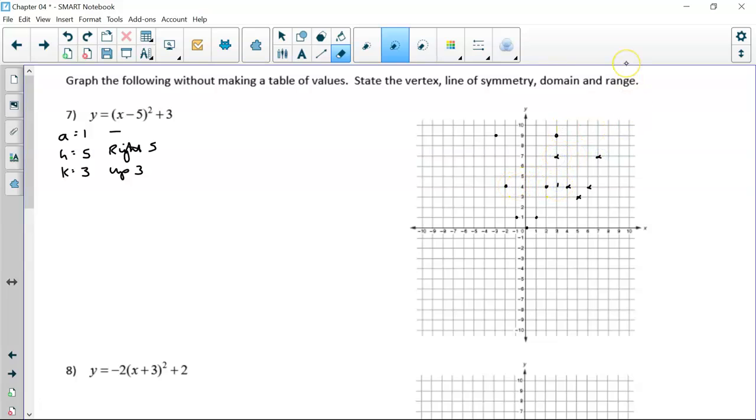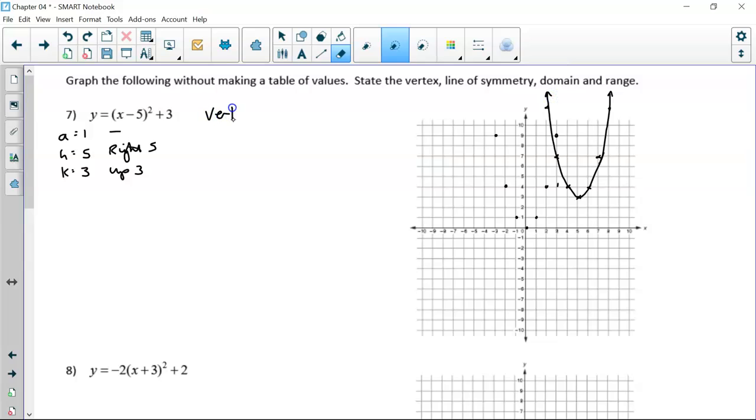And the other point's just a little bit too high off the graph. Went over too far. Sorry. And there is our graph.